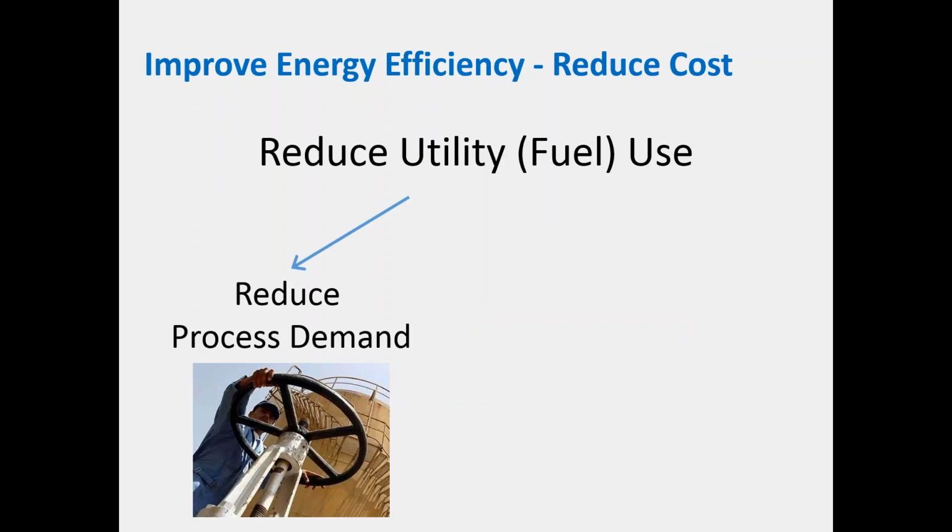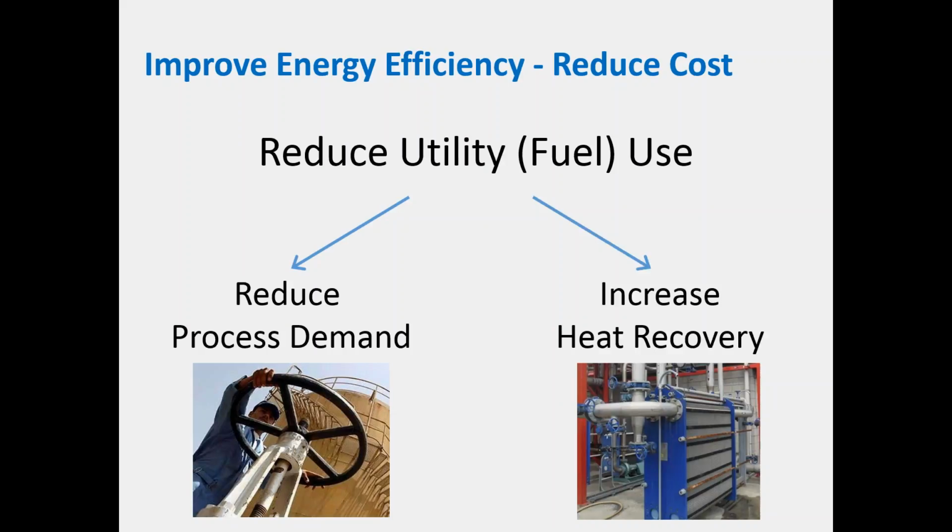Okay, so we reduce the process demand, or we can increase the heat recovery. If we increase the heat recovery, then we actually reduce the amount of utility that we need, both heating and cooling, and so we can reduce the amount of our utility demand.